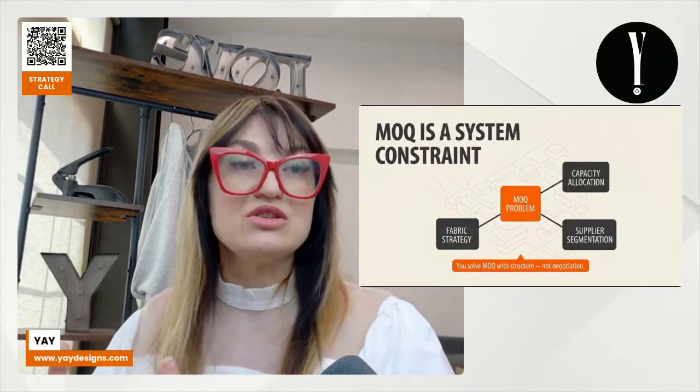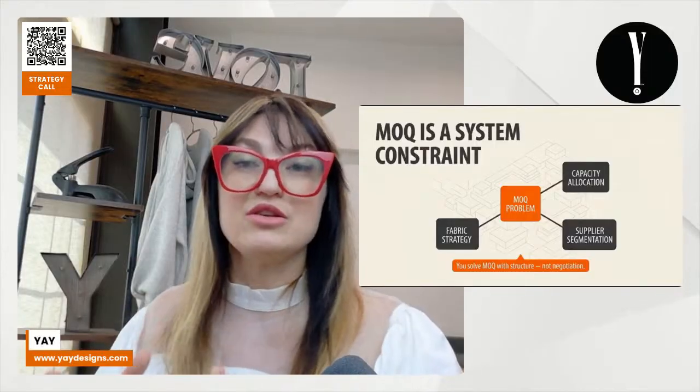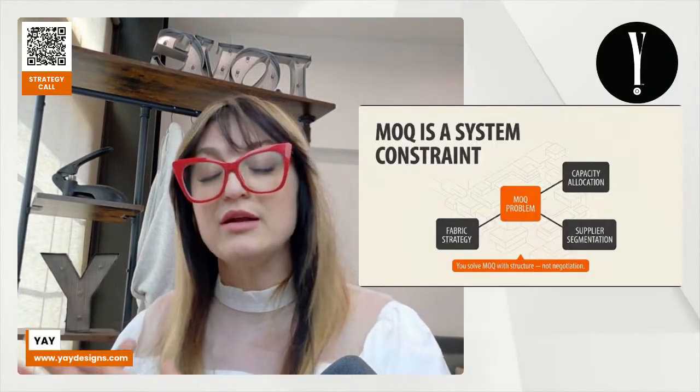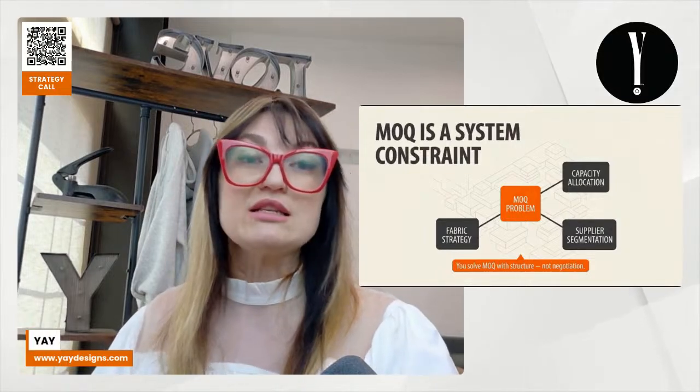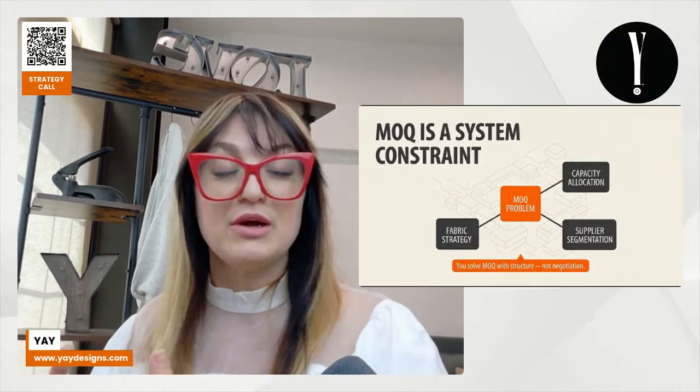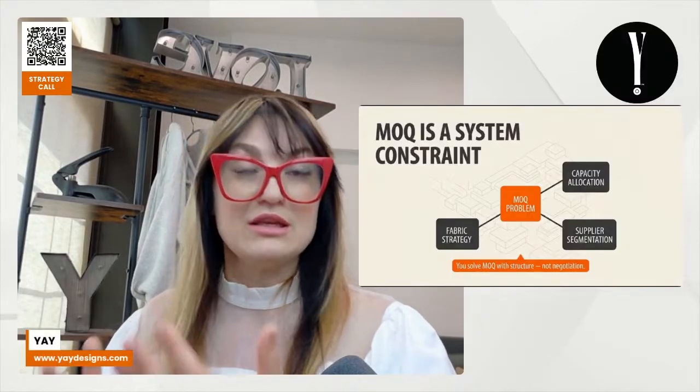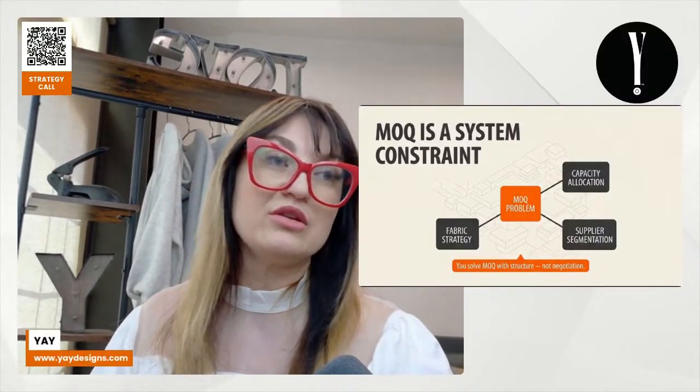And sometimes it has to do with the way you are segmenting your suppliers, because some suppliers are set up only for volume and big manufacturing. If those are the only suppliers you have in your toolbox, this is the time when we need to start thinking about diversification.